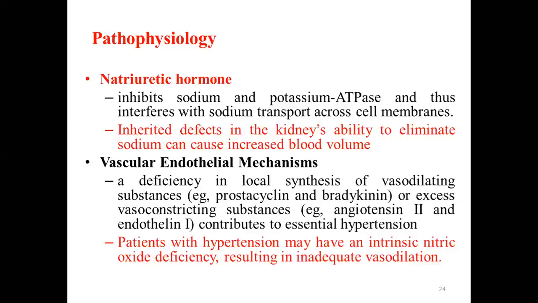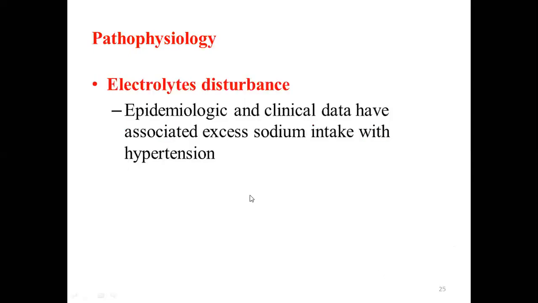Sometimes the patient can have an intrinsic deficiency of nitric oxide, which is very important for vasodilation and reducing blood pressure. Those are some of the pathogenesis of hypertension. If there is an imbalance of those endogenous regulatory mechanisms, the patient can develop hypertension.